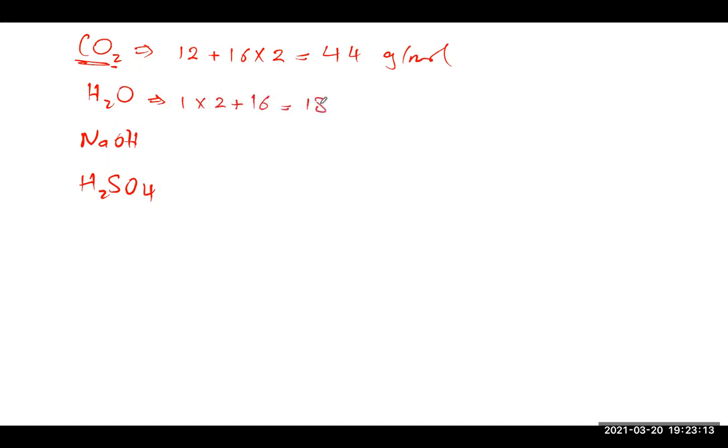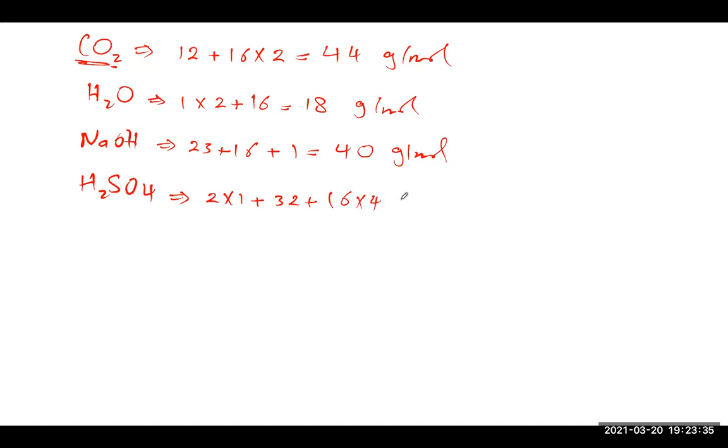So this one will be 18 grams per mole. For sodium hydroxide, sodium is 23 plus oxygen 16 plus hydrogen 1, so it gives us 40. And for H2SO4, it will be 2 times 1 for hydrogen, sulfur is 32, and oxygen is 16 times 4, so it gives us 98.